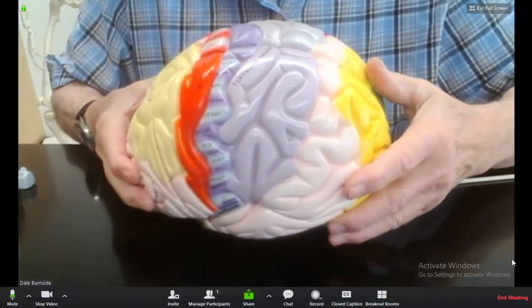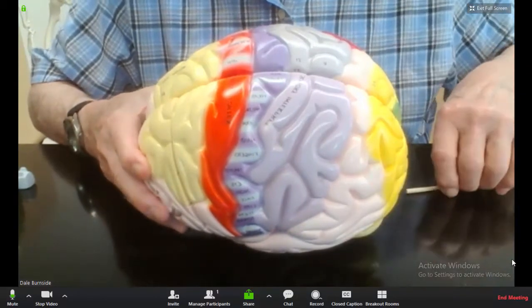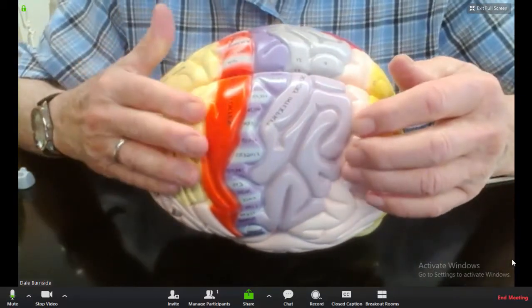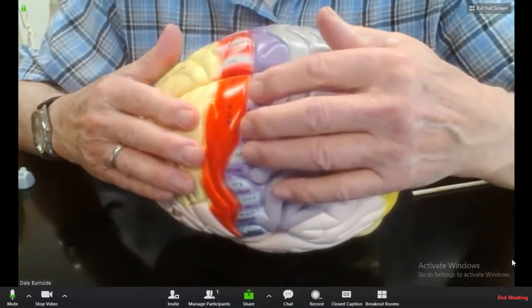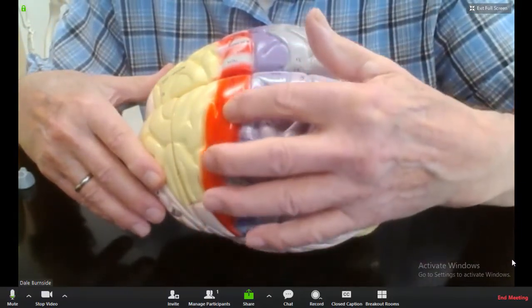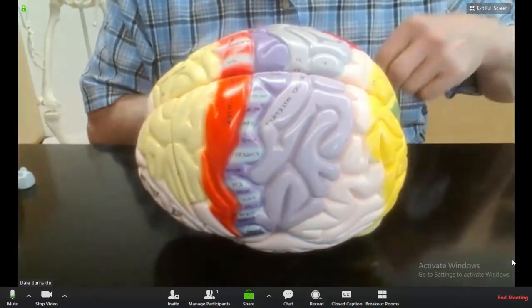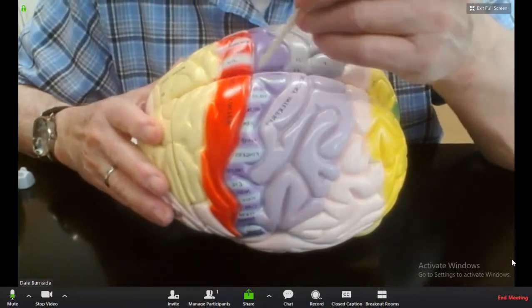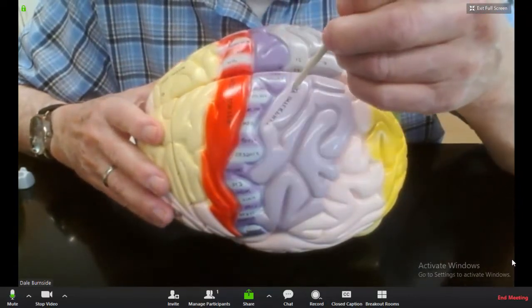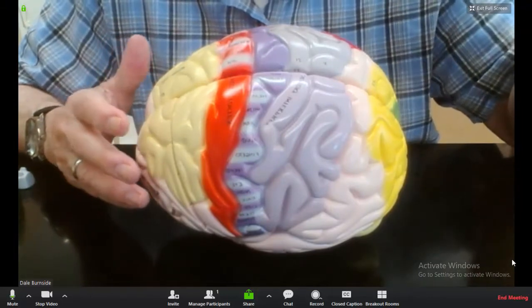Now, separating, very important feature, separating the frontal lobe from the parietal lobe is the central sulcus. Now, what a sulcus is, it's a depression. You have grooves and you have ridges all over the brain. That's what gives its appearance.